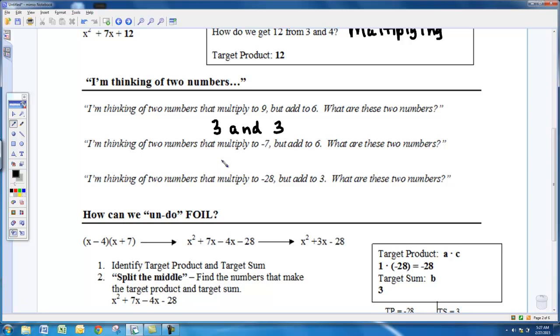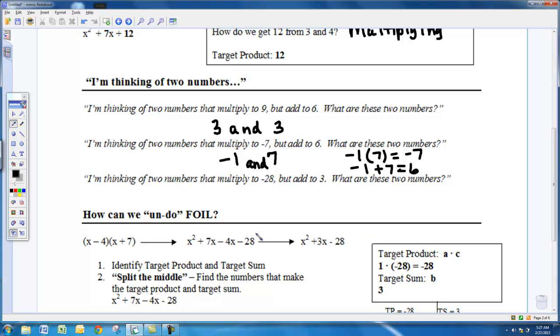So let's try -1 and 7. -1 times 7 is -7, and -1 plus 7 is +6.